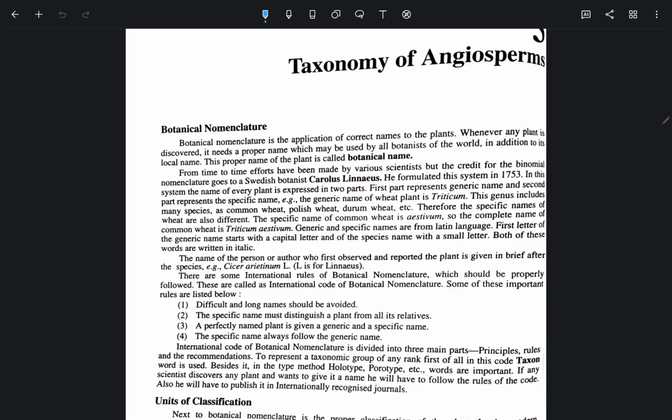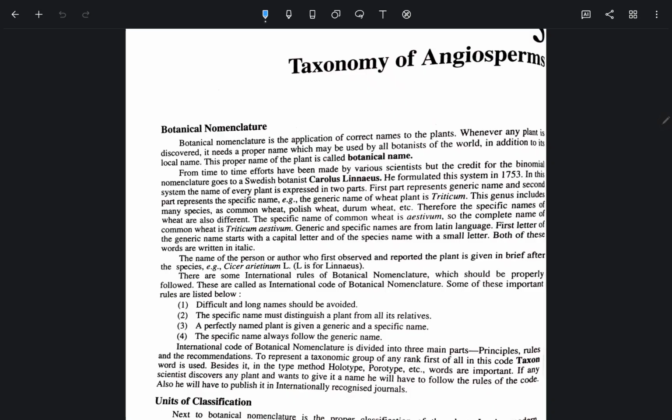The International Code of Botanical Nomenclature is divided into three main parts: principles, rules, and recommendations. To represent a taxonomic group of any rank, first of all, in this code, the word taxon is used.